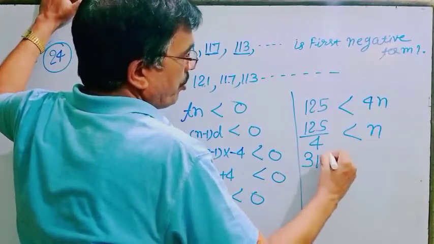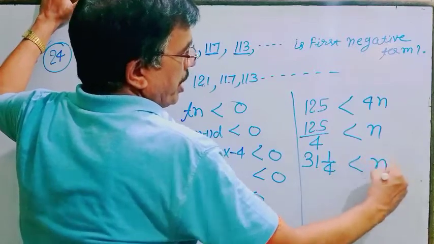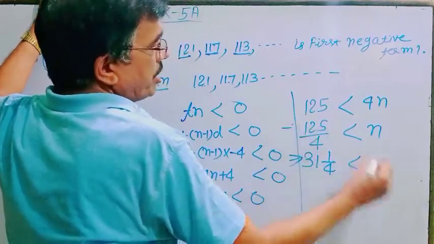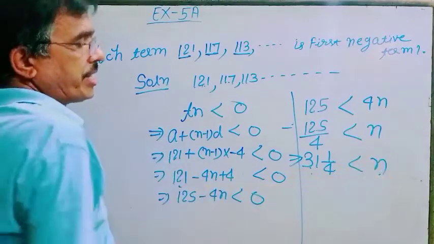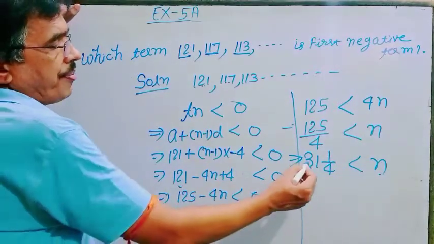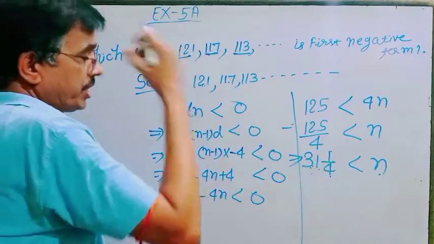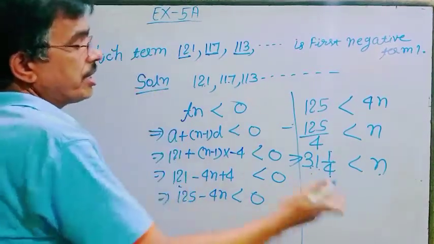That is 31 and 1 by 4 less than N. Then it is clear that N must be greater than 31 and 1 by 4. The next whole number after 31 and 1 by 4 is 32.